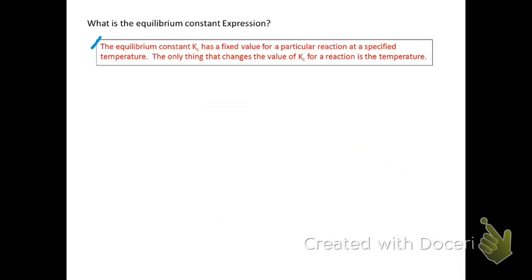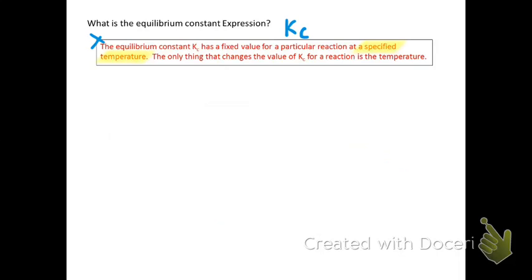The equilibrium constant is symbolized by a capital K with a small c. All right? So the equilibrium constant has a fixed value for a particular reaction at a specific temperature. And I'm going to highlight specific temperature because that's important. The Kc value, or the equilibrium constant value, is temperature dependent.